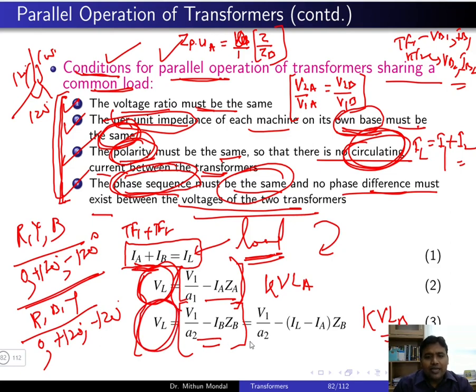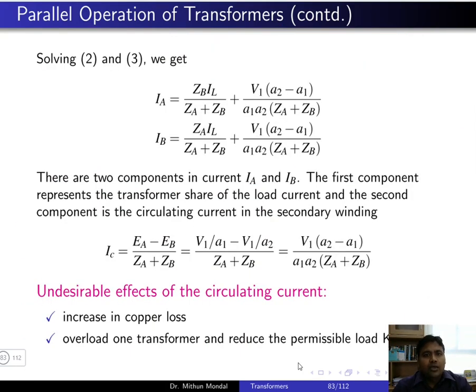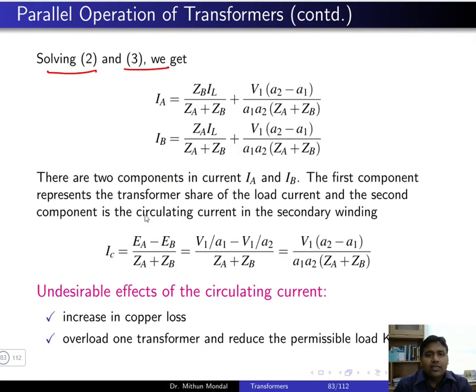So you can write IB from equation number 1. IB can be written as IL minus IA. So VL you can get as V1 by A2 minus (IL minus IA) into ZB. So solving equation number 2 and equation number 3, if both the load voltage equations are solved, then we'll get the value of IA and IB.